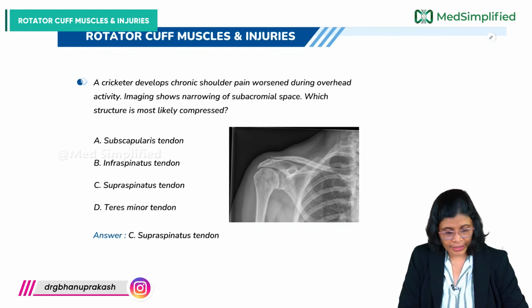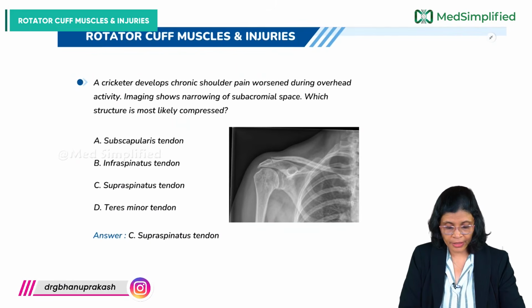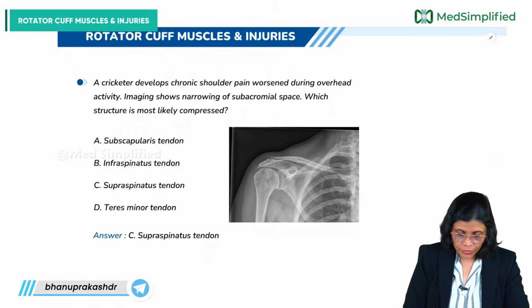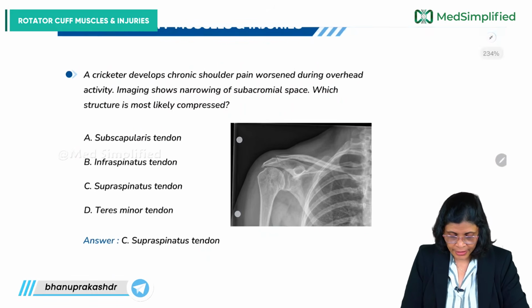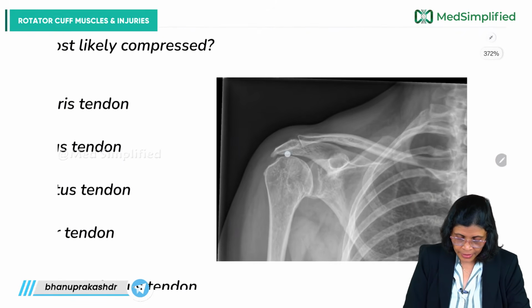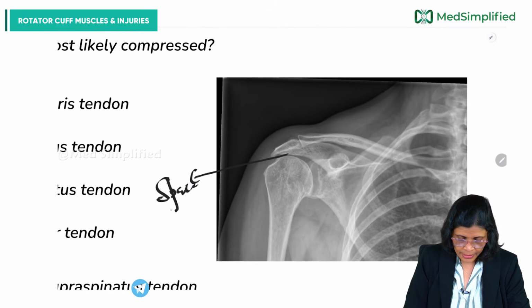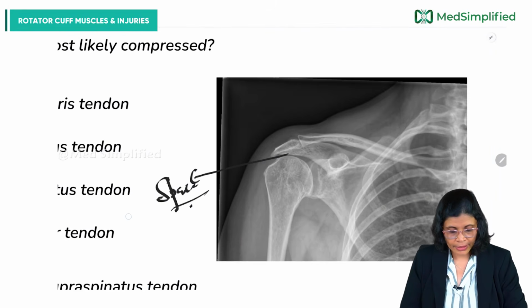Next question, a cricketer develops chronic shoulder pain that worsens during overhead activity. Imaging shows narrowing of the subacromial space. Which structure is most likely compressed? Okay, so there is narrowing. If you observe the X-ray here, you can see there is narrowing of the space. Okay, the space is narrowed, right?